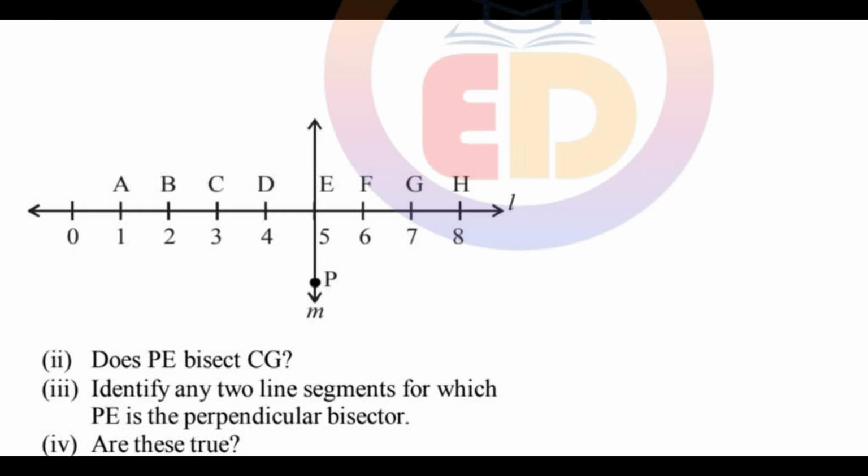Second question says, does PE bisect CG? Now have a look at CG. It starts at 3 and it goes till 7. This is CG here. And here we have a PE.